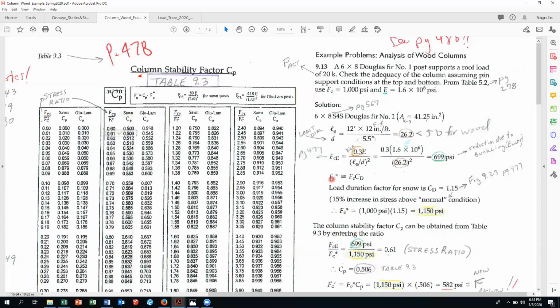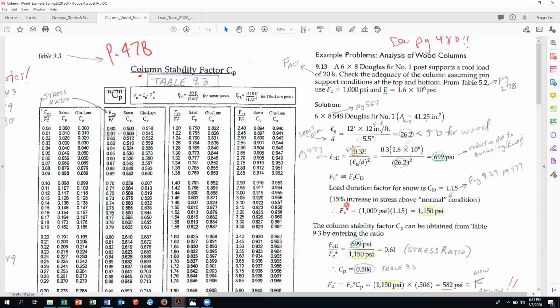This is a load duration factor. There's a chart in the book that allows us a 15% increase in the stress above normal conditions, and that's on page 477. Just take my word for it.